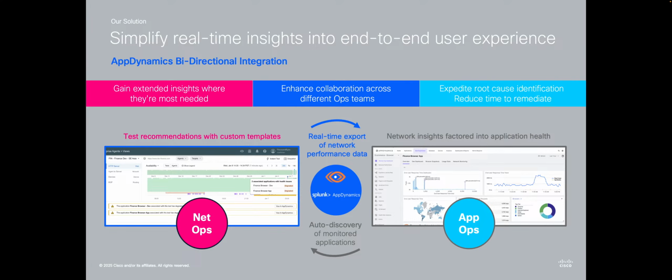You're not having to bring up 3 different tools and look up the same application during the same time frame. It's a bunch of manual stuff. So, lowering your MTTR, your mean time to resolution.